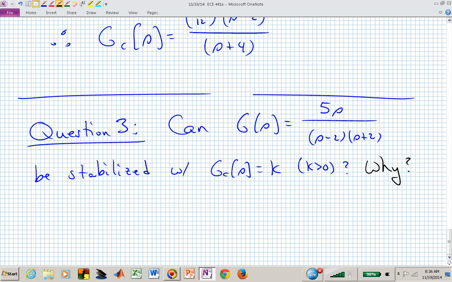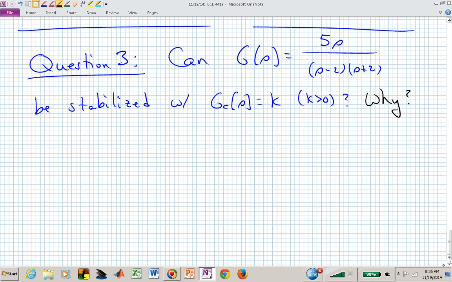You need to justify that answer. Again, you have 30 seconds, because you should be able to do this in that amount of time on the exam on Friday.